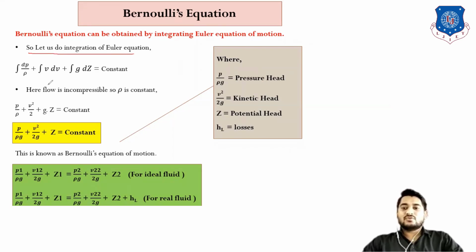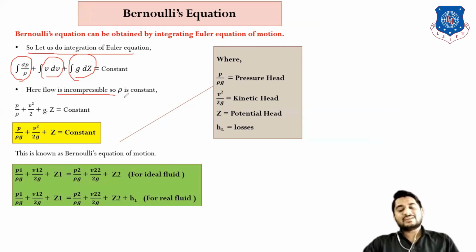So first of all, what do you mean by the Euler equation? dP by rho plus VdV plus Z dz is equal to 0. So integration of dP by rho, integration of VdV and integration of Z dz is equal to 0. Integration of 0 means constant. Here the flow is incompressible, so rho is taken as a constant.